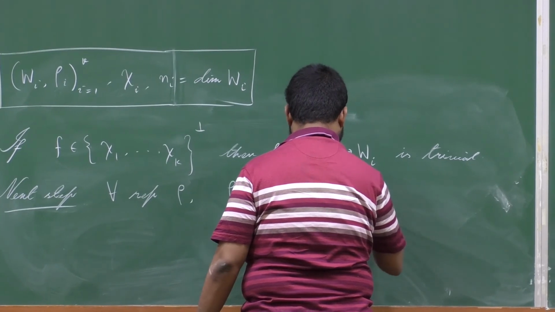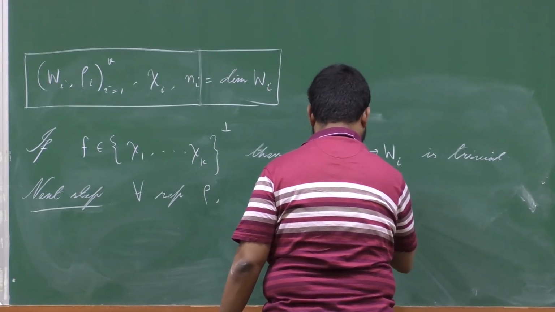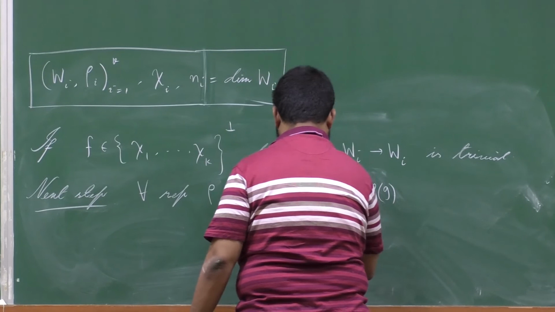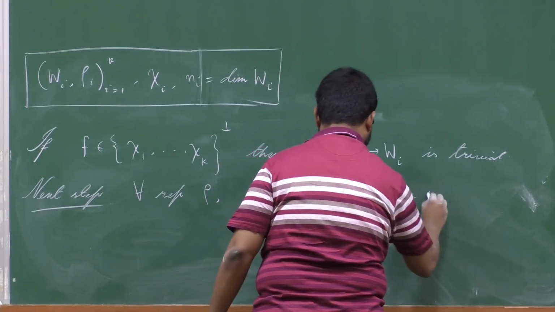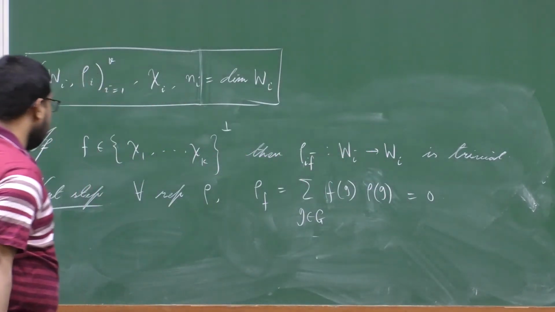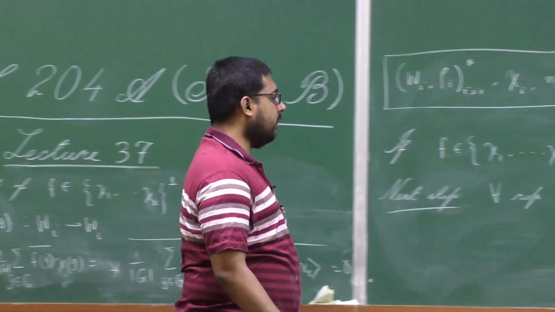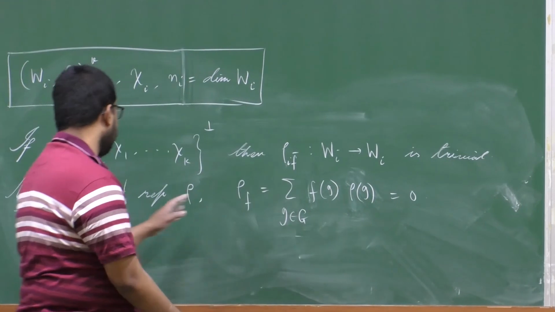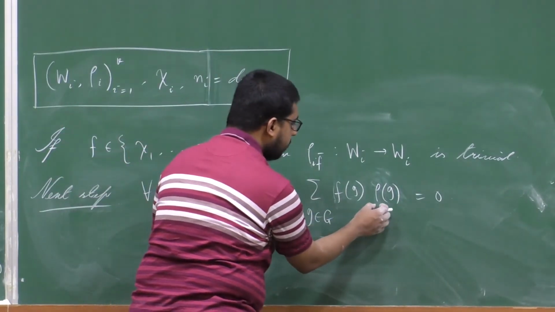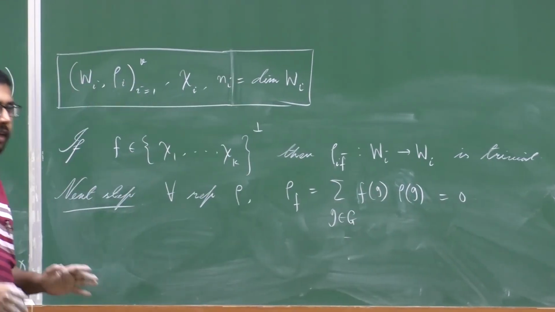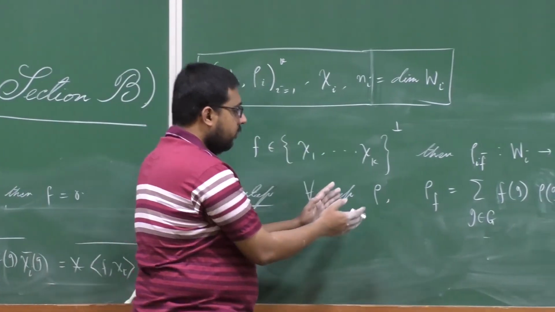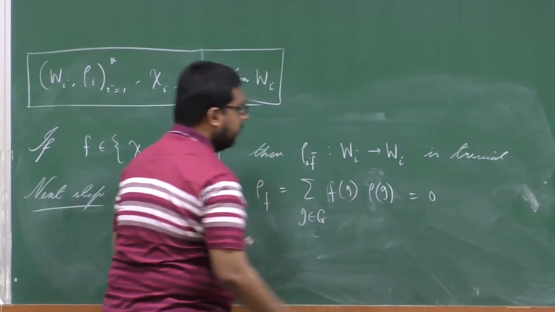So for whatever representation you choose, earlier we proved this when the rhos are these rho i's. Now we will show that for whatever representation we choose, this is what is going to happen.